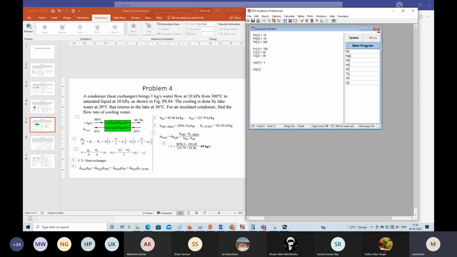Enthalpy of hot fluid at 1 equals enthalpy at P equal to P hot fluid 1, T equal to T hot fluid 1. Okay, fine.